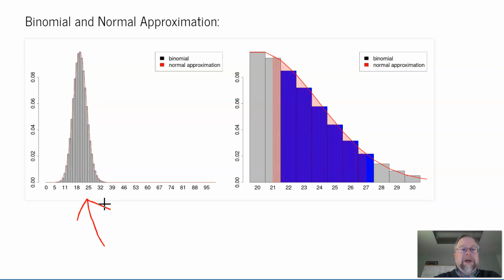Okay, on the left panel, you can see both the binomial distribution, which are the bars, and the normal approximation, which is that sort of red outline. And on the right panel, we have zoomed in. So the exact value that we want is the area in blue. That's the probability that x is 27, plus the probability it's 26, plus the probability being 25, and 24, and 23, and 22.